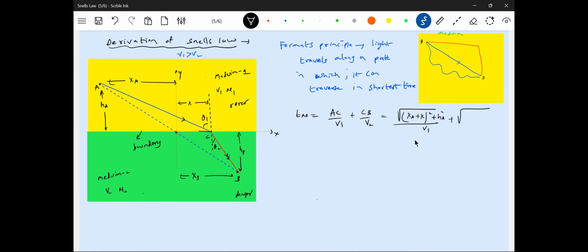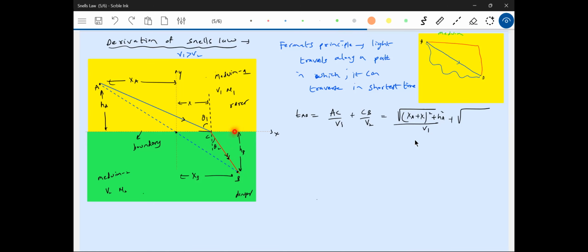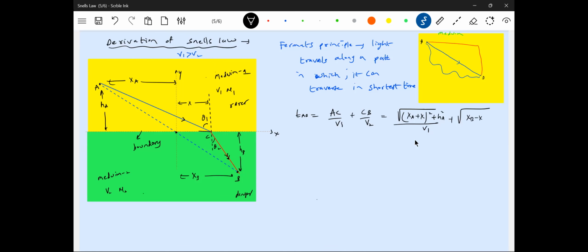And this CB is the hypotenuse of this triangle, so its length is the square root of (XB minus X) whole squared plus HB squared, divided by V2.